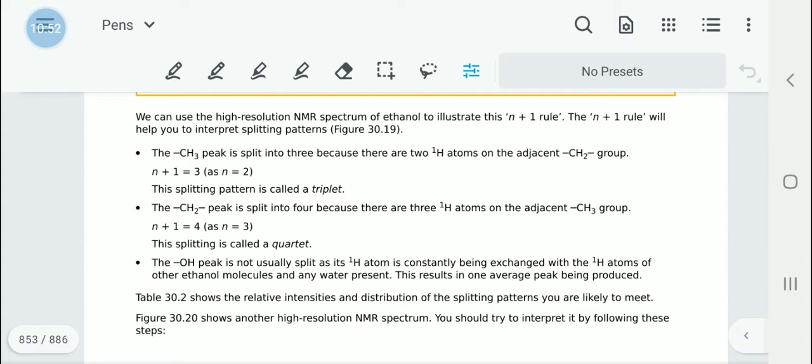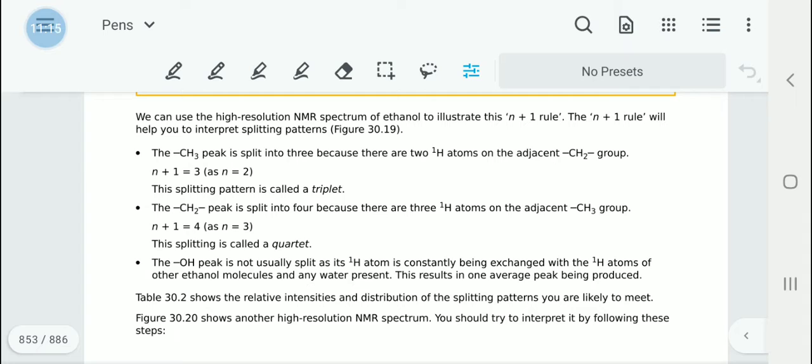That is a quartet split. Now the OH peak is not going to be split, because the hydrogen atom is constantly exchanged with H plus atoms of other ethanol molecules and any water present. So we say that one average peak would be produced.